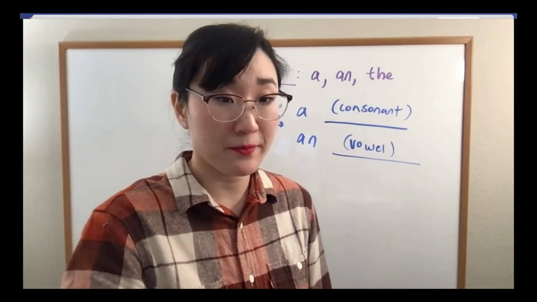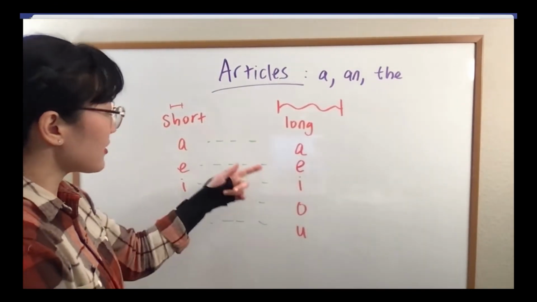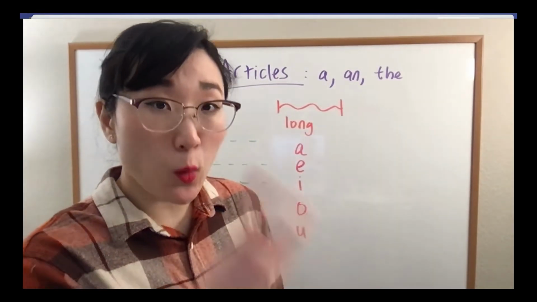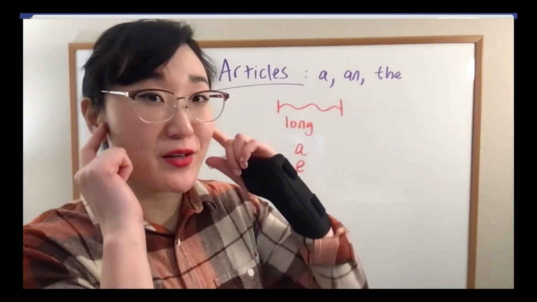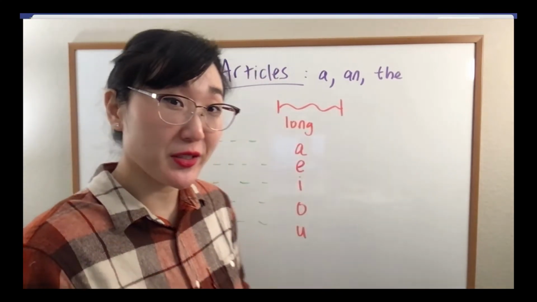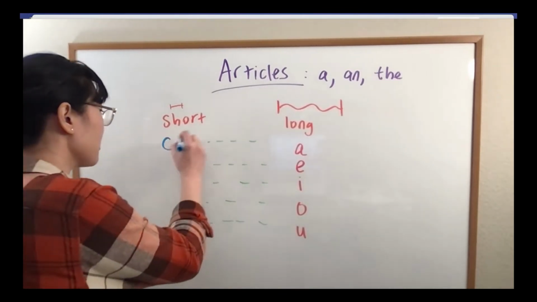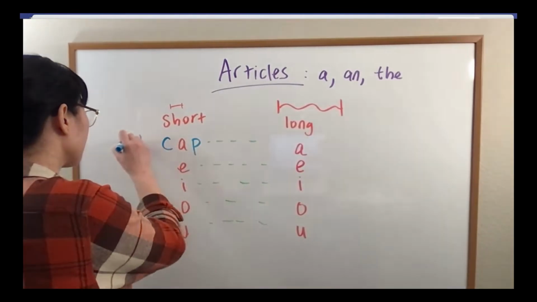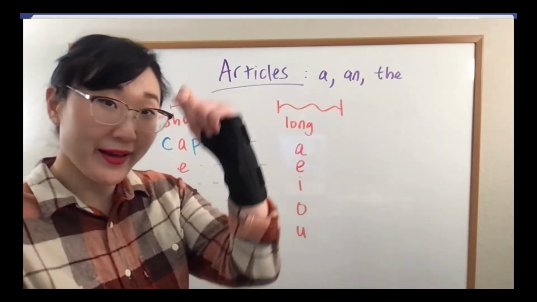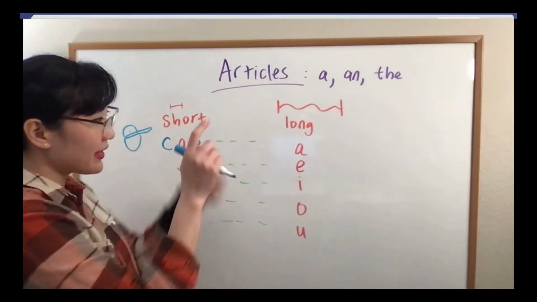So let's look. So we know our 5 vowels A, E, I, O, and U. The difficult thing about English is what you see is often not what you hear, which is different from many languages like Spanish. So over here, if I have a short vowel sound, for example, a cap, cap, and look at this.